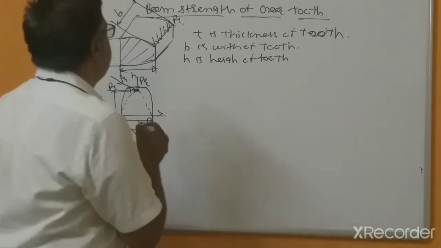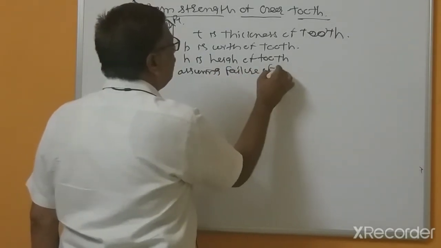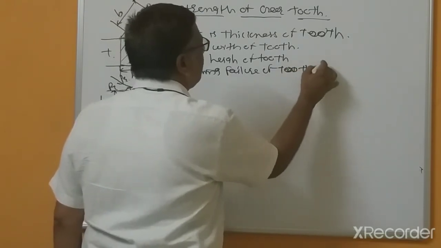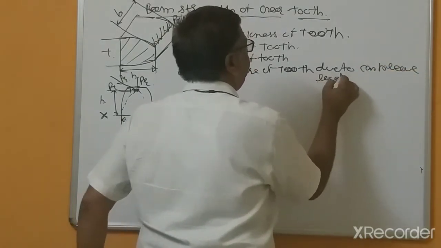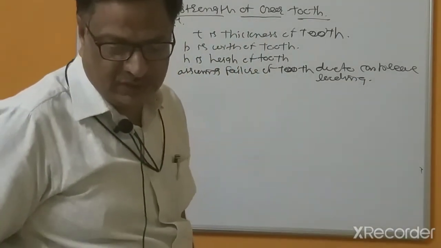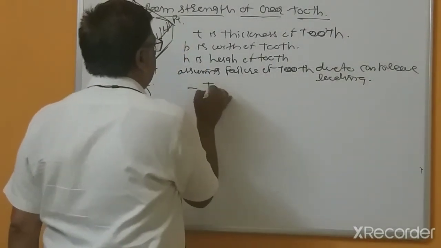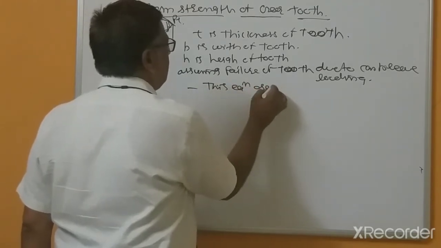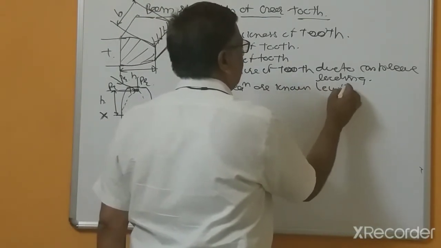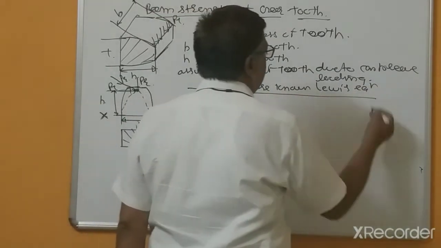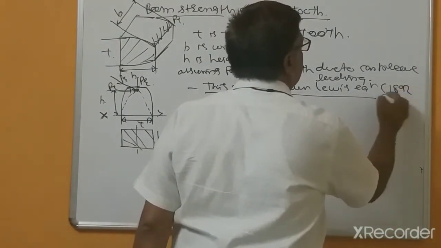Now, assuming failure of the tooth due to cantilever loading, this is derived by Lewis.